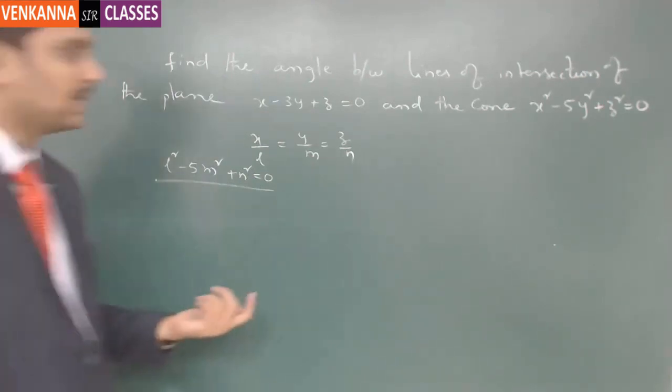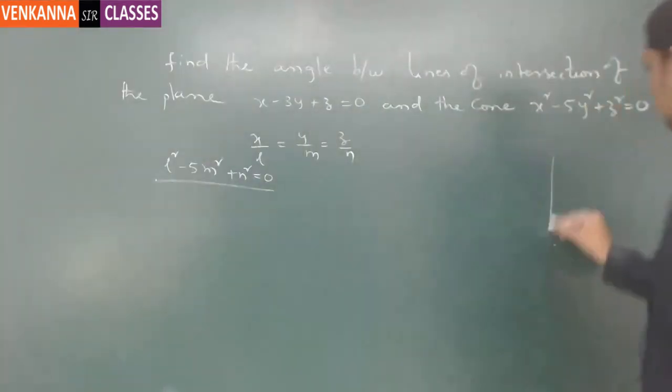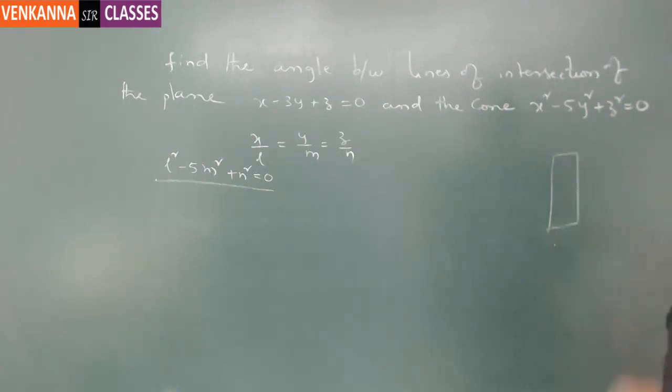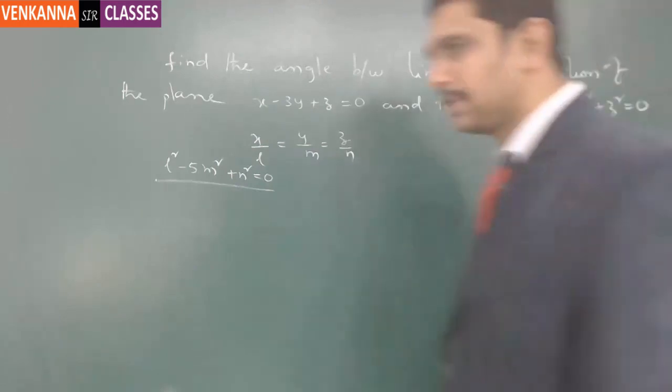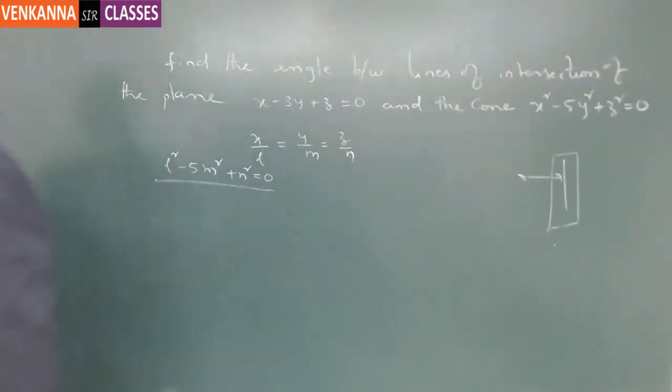Please understand, let me say this is the plane and you have a line on it. So what happens? The normal of the plane is perpendicular to the line. Accepted? If you have a doubt with the visualization, go with the picture shared in Telegram.